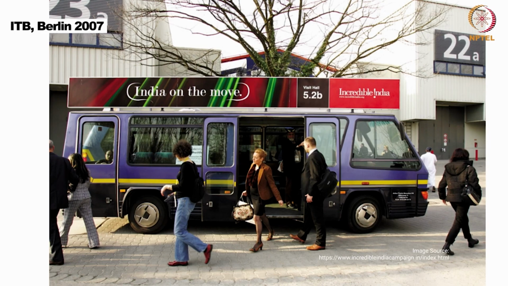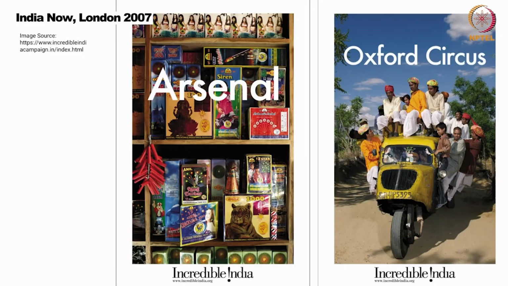You can see how this creates an impact on the overall perception. Somewhere or the other, a sense of awareness prevails, and people are getting to know about India at that time in 2007.